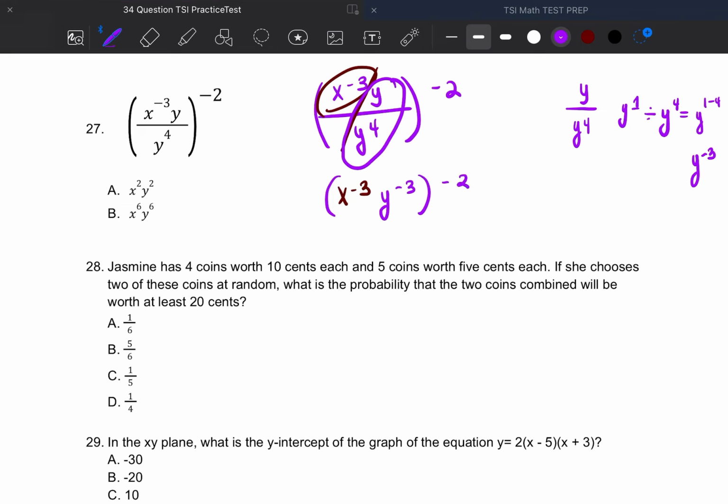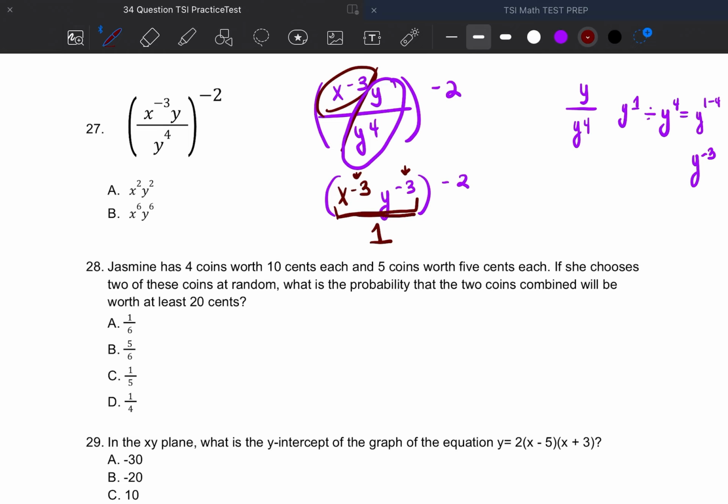Okay, but I'm not finished with the inside yet. And you may have said, the reason why I'm not finished is because there's negatives on the inside. And you're correct by that. So do you remember how we get rid of the negatives on the inside? Well, if we want to make these positive, we just switch what side they're on. So right now, this is as if it's written over a positive 1.